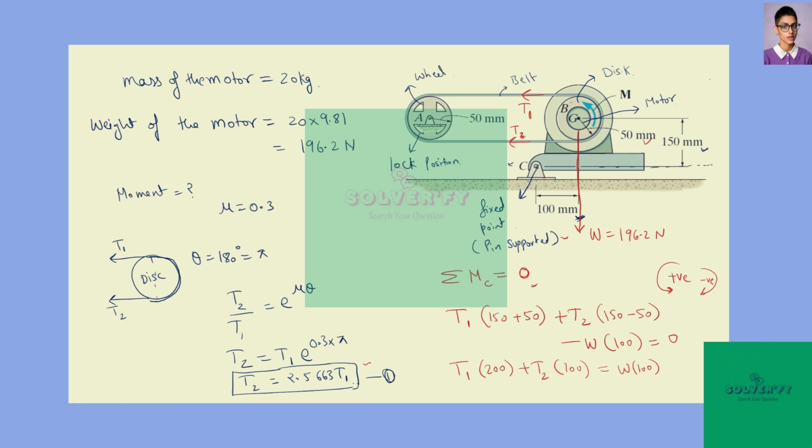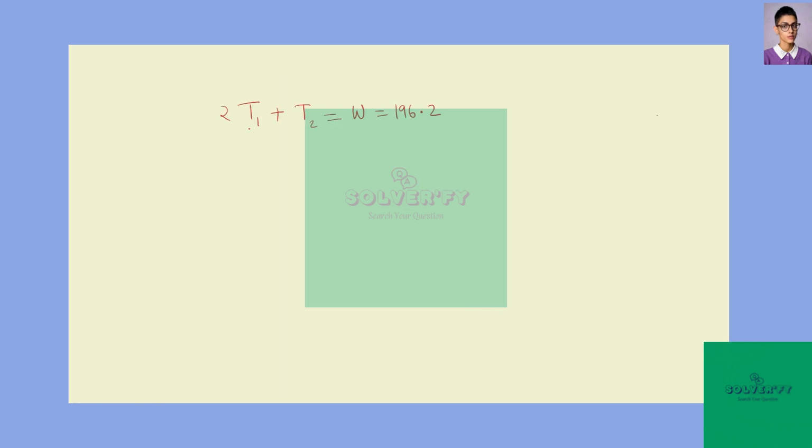So after solving this equation, 2T1 plus T2 is equal to the weight of the motor, that is equal to 196.2. The value of T2 from equation 1: 2T1 plus 2.5663 T1 is equal to 196.2.